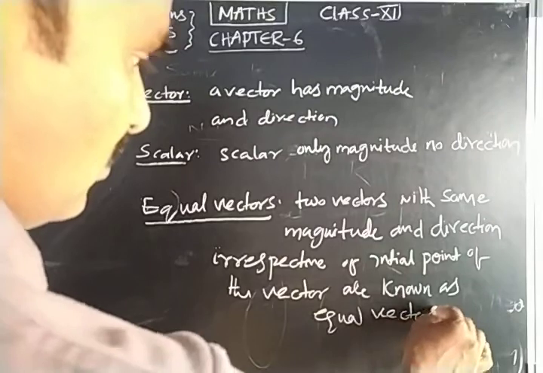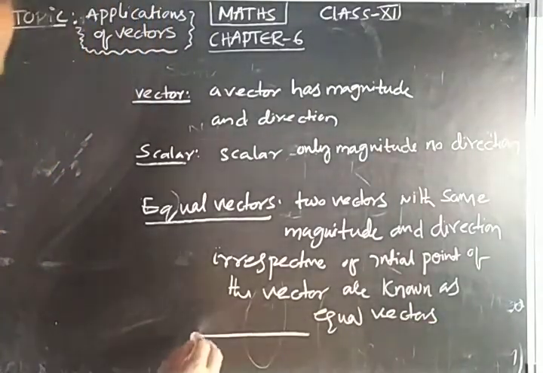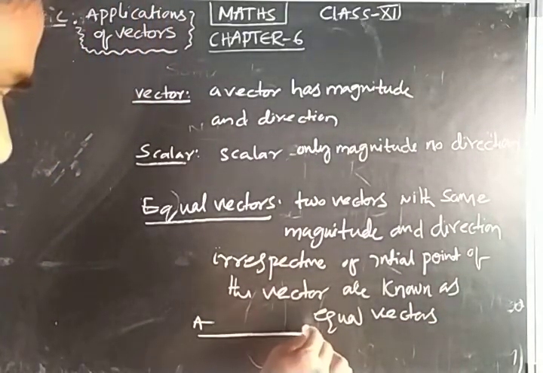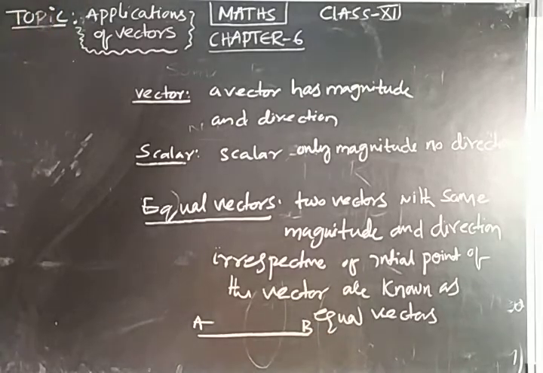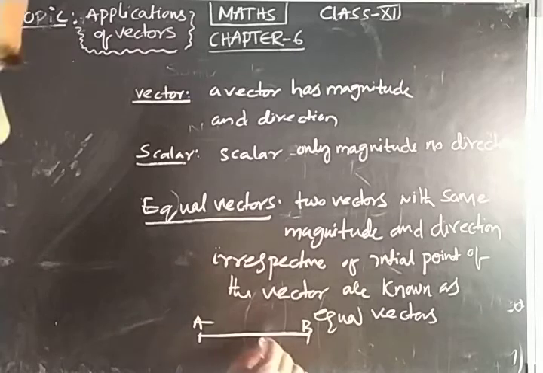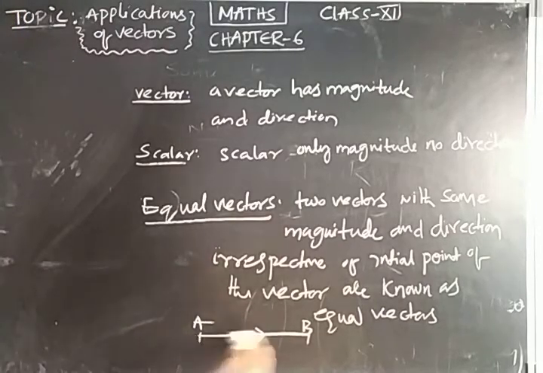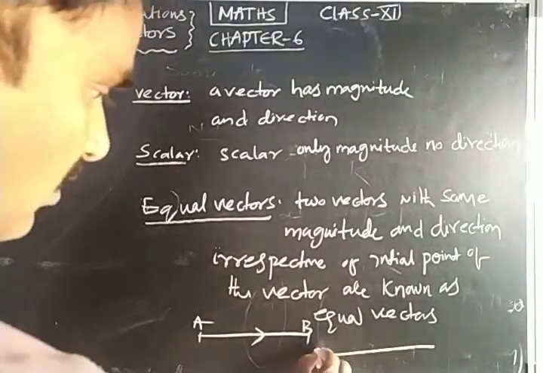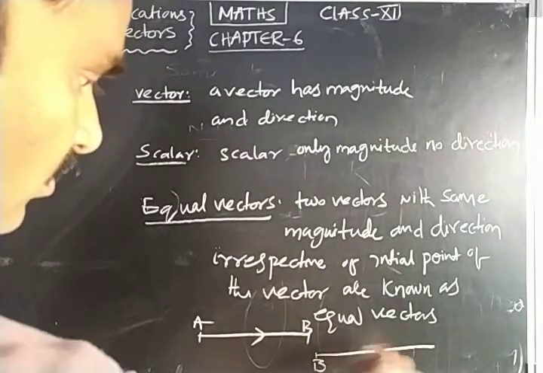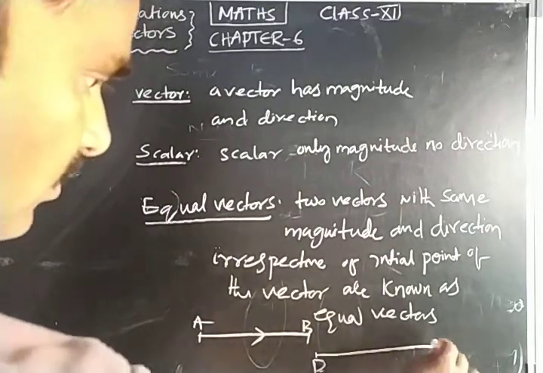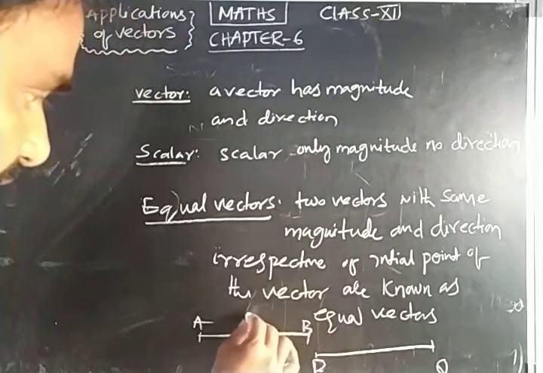For example, I am taking one vector here, which has a starting point, the initial point. This is one vector. The direction is along A to B. Another vector I am taking here, P comma Q, whose length I am taking as 5 centimeters.